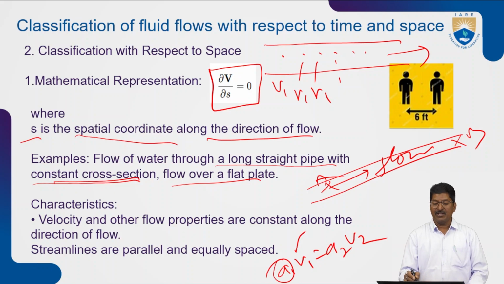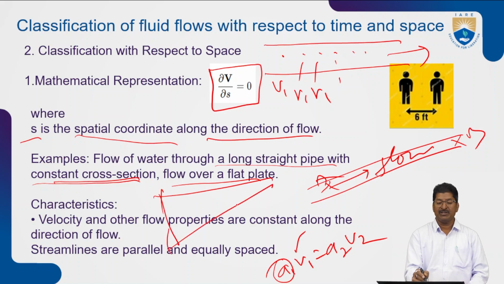So if A is constant, V is also constant. If A is different, that means a varying pipe, with varying diameter. Here is one diameter, here the diameter is different. As the areas are different, velocity at this point is V1, here it will be V2. So different velocities will be there. Then that flow is called a non-uniform flow.